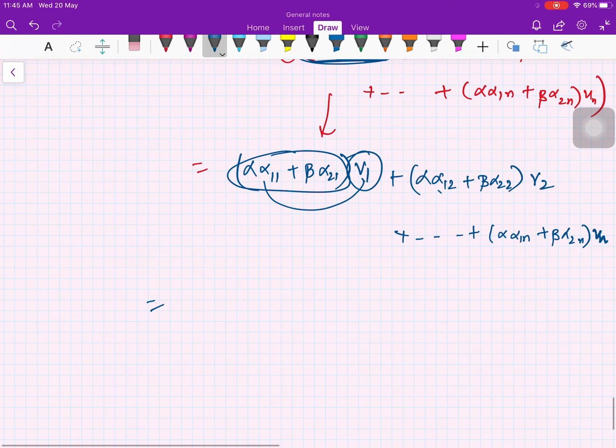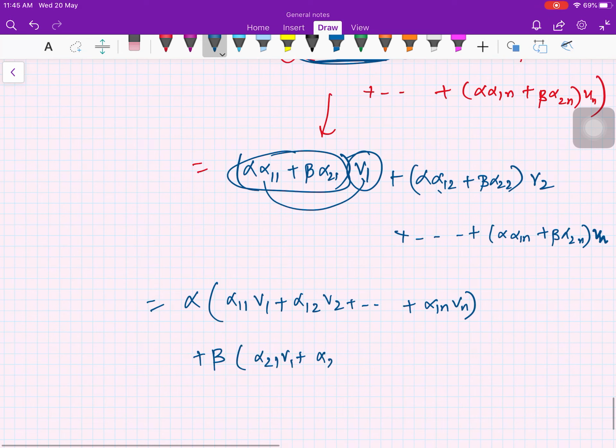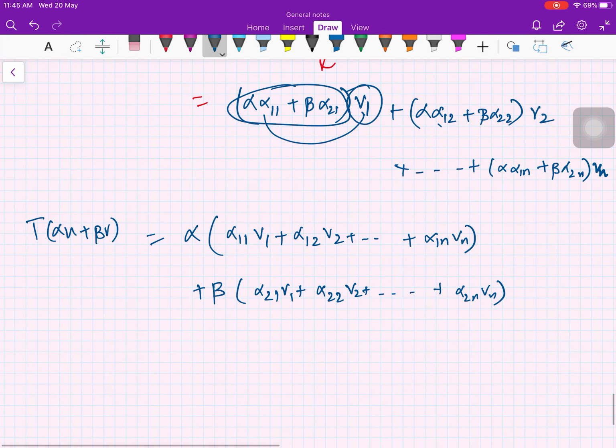Now you can write it as, just take the first terms and take alpha common, alpha 1 1 v1 plus alpha 1 2 v2 plus so on alpha 1 n vn. Then from the second terms take beta common, alpha 2 1 v1 plus alpha 2 2 v2 plus so on alpha 2 n vn. So this is T of alpha u plus beta v.